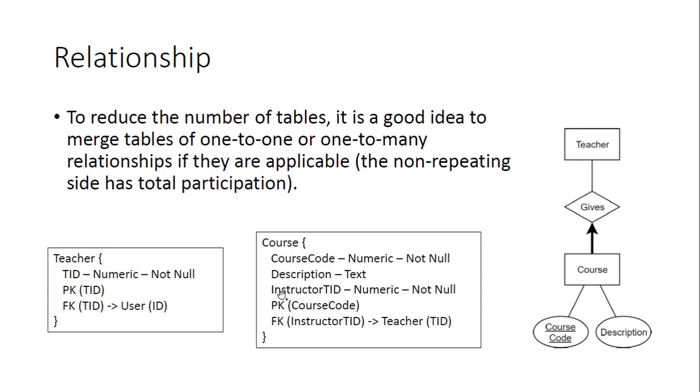But we are storing a foreign key called instructor TID, and this is going to refer to an existing teacher. So for the gives relationship and the course entity set, we decided to merge these tables together.